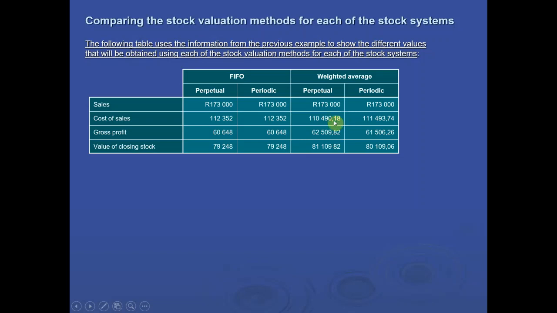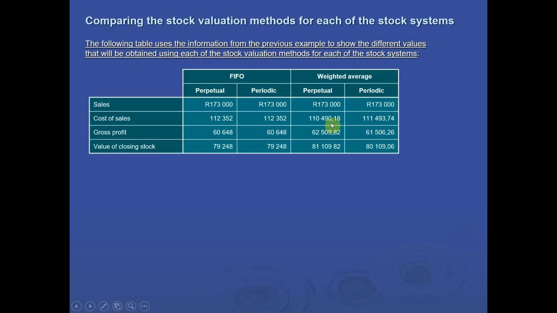But the cost of sales for the weighted average for the perpetual is 110,490 and for the periodic 111,493.74. So the cost of sales differ between the perpetual and the periodic if the weighted average method is used. It was the same for the first in, first out.